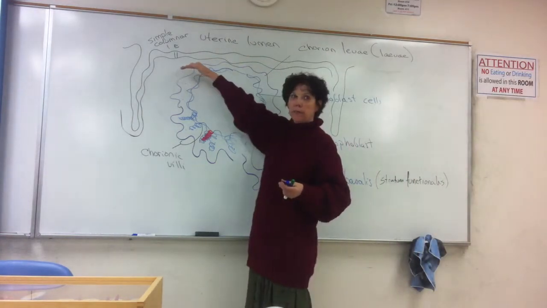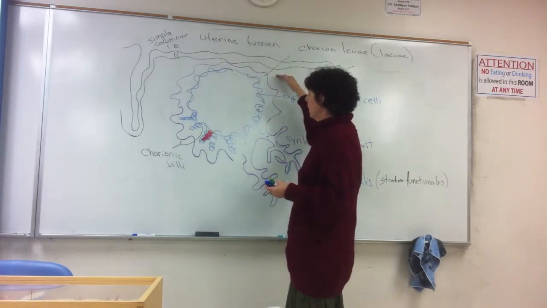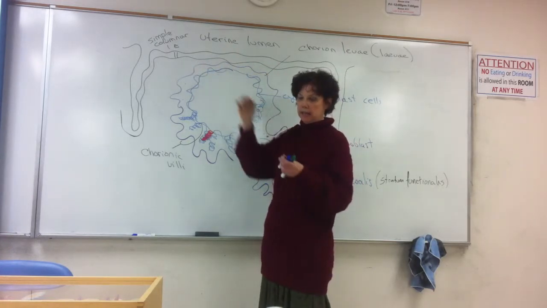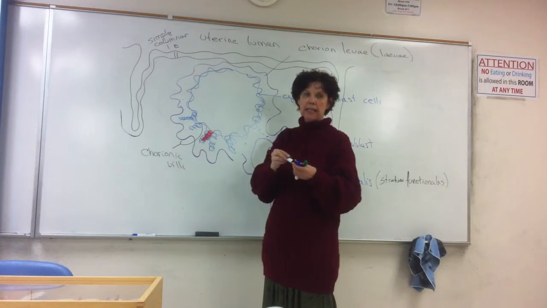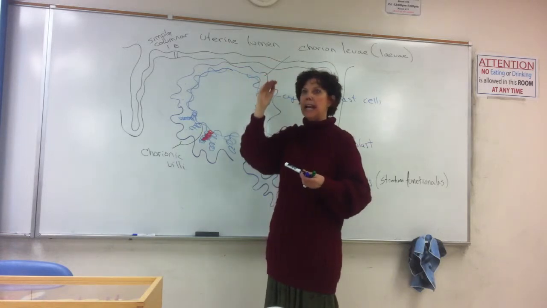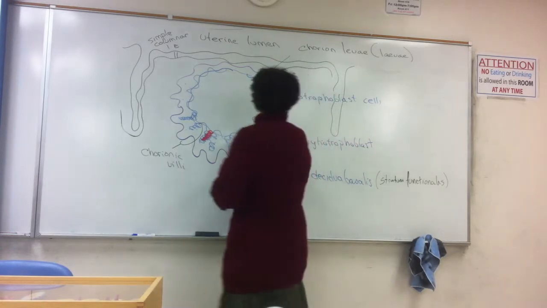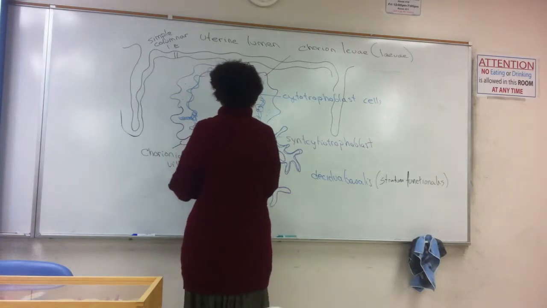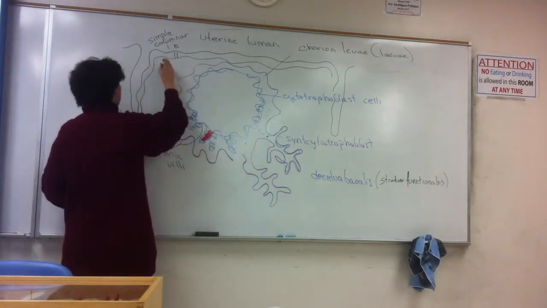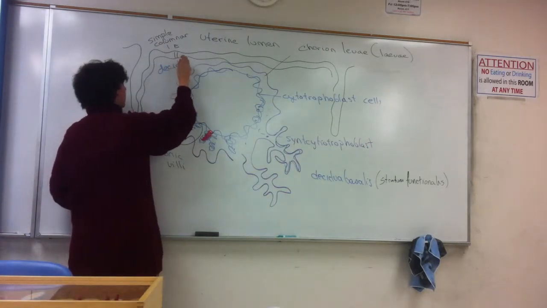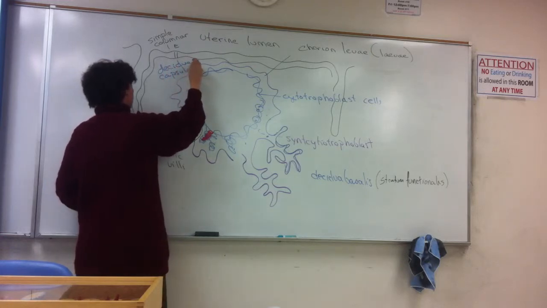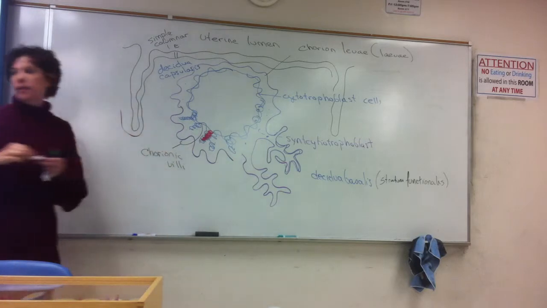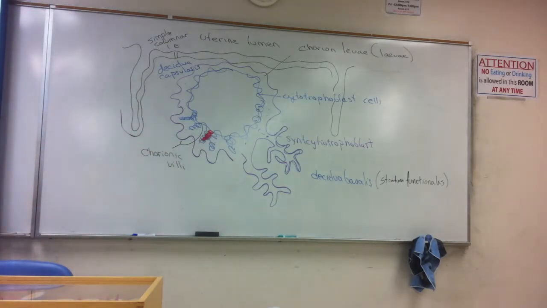Just below the uterine surface, where we have the chorion laeve, the decidua is called the decidua capsularis. And this is especially noticeable as this developing tissue grows out into the lumen of the uterine cavity.